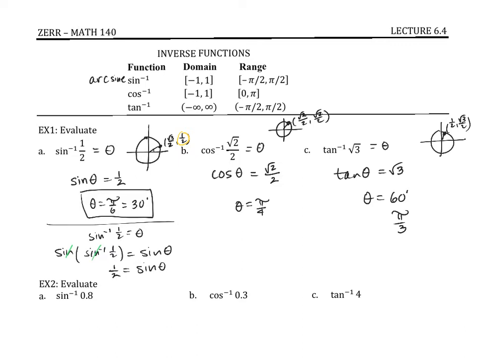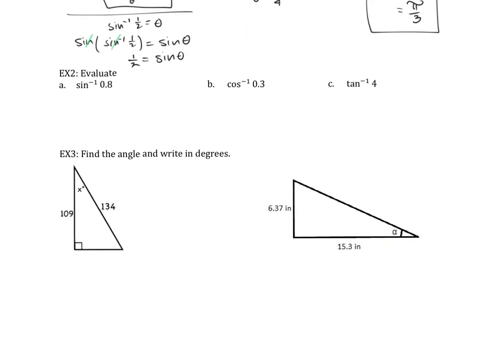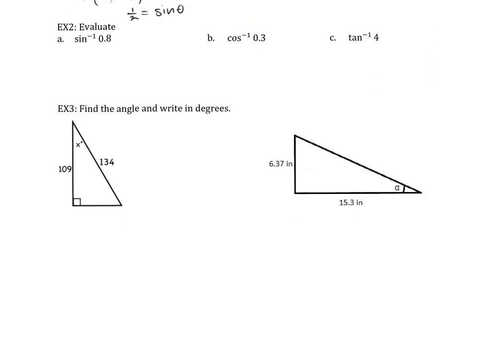And then y over x for tangent simplifies down to √3. Okay, so then we have what our angle is equal to. And all of these were on the unit circle, so we could get the exact values, but you can also use your calculator and work these out.